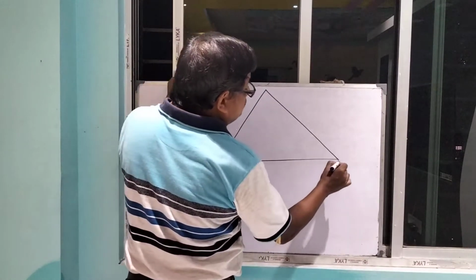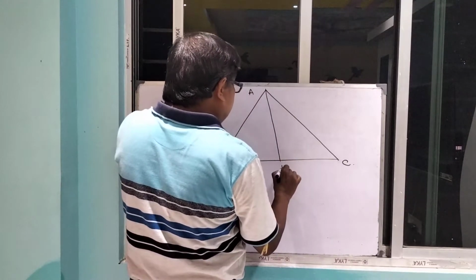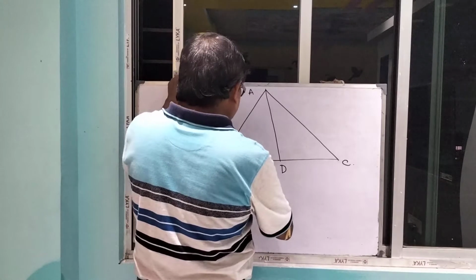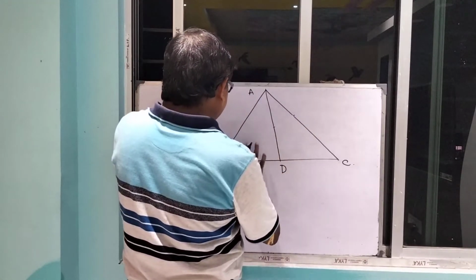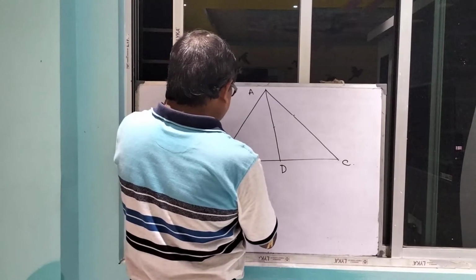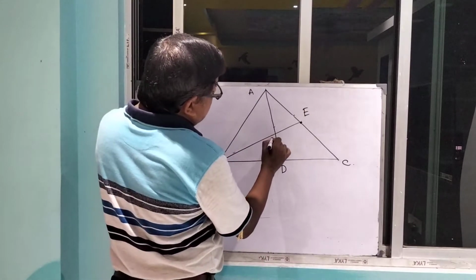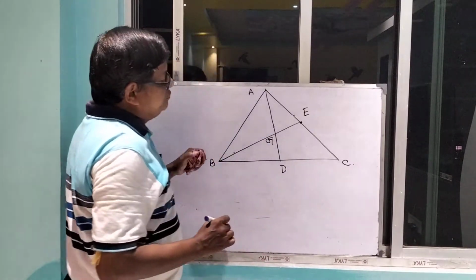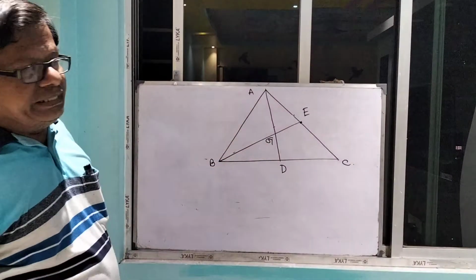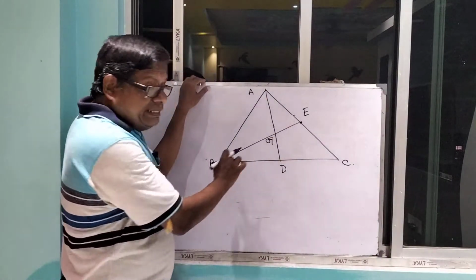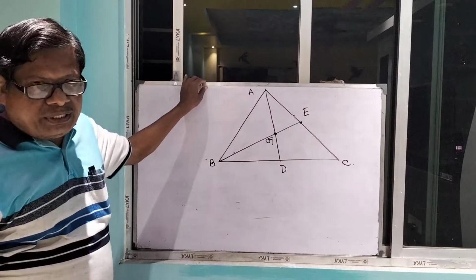ABC triangle, AD is a median, and BE is also a median, so they intersect at the point G. Now if you join CG and extend, look here. Two medians are given, so obviously this is the centroid.